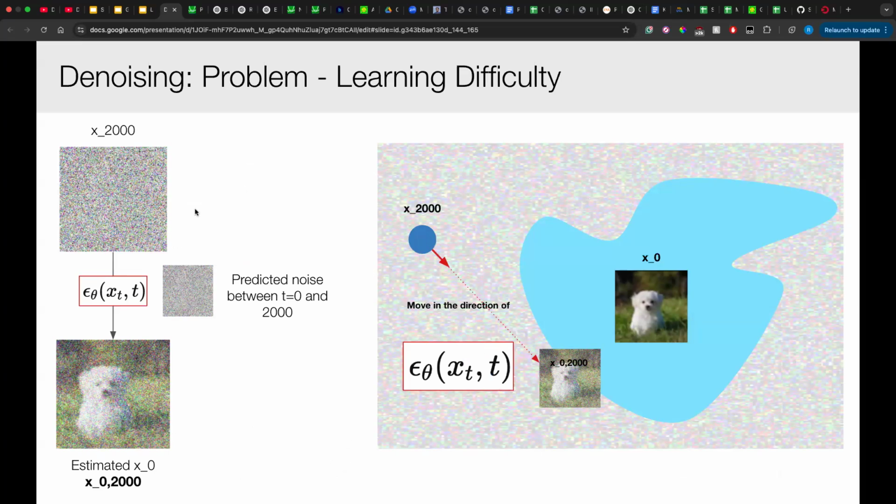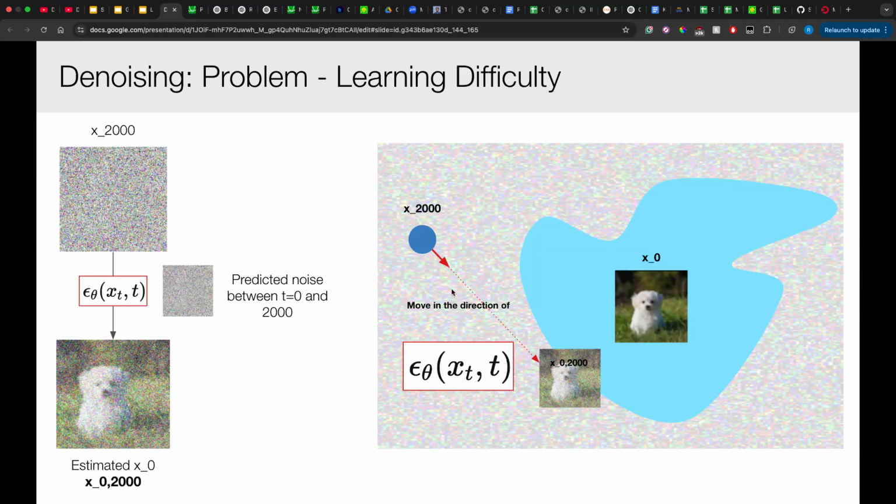We want our model to predict the noise. If we're at t equals 2000, and this is our x0, we want our model to predict this epsilon, the amount of noise that brought us from here to there. As you might expect, at t equals 2000 there are no really useful features here.